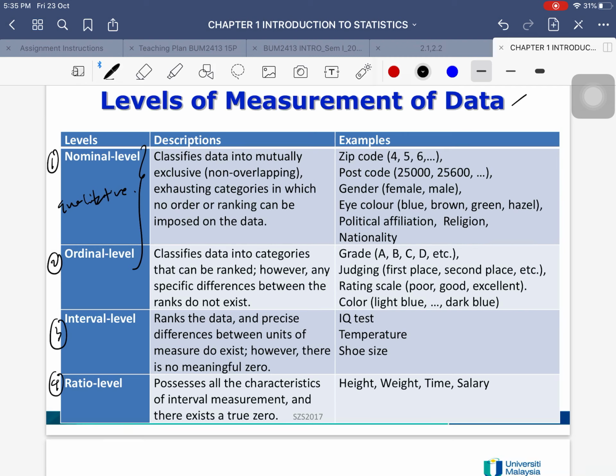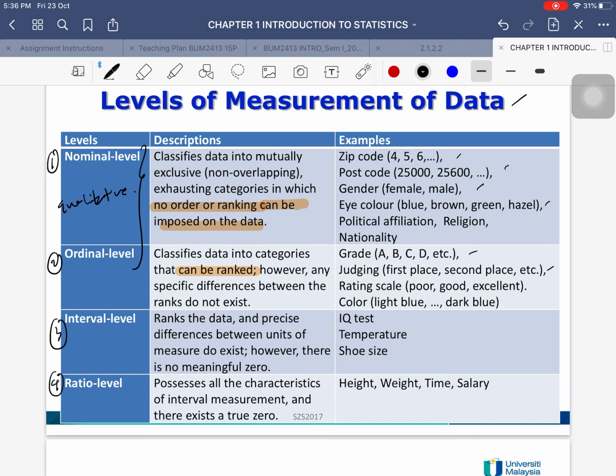It involves data that don't really involve numbers but categories. For example, zip code, postcode, gender, eye color. Those are things that we are not going to order or rank. No order or ranking can be imposed on the data. And the same idea as we have seen previously, ordinal level is something that can be ranked. For example, grade.